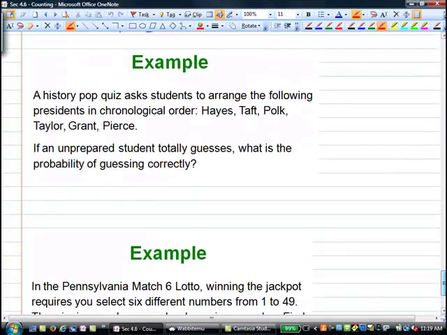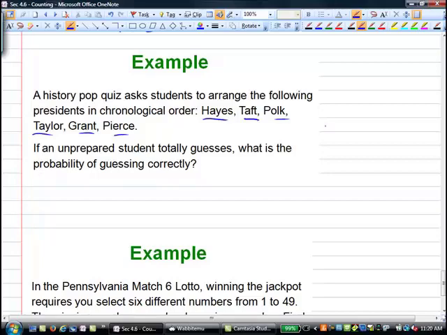All right, the last 2 example problems from section 4.6. We have this question that says, a history pop quiz asks students to arrange the following presidents in chronological order. We have Hayes, Taft, Polk, Taylor, Grant, and Pierce. How many presidents are these? 1, 2, 3, 4, 5, 6. We're asked to find the probability of guessing correctly on the order.